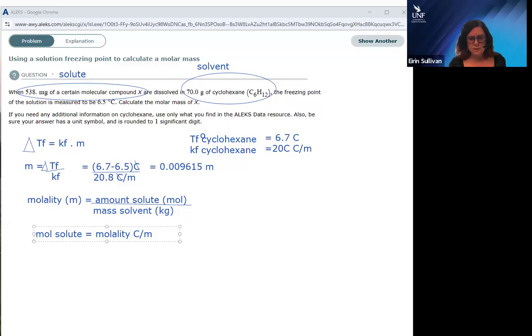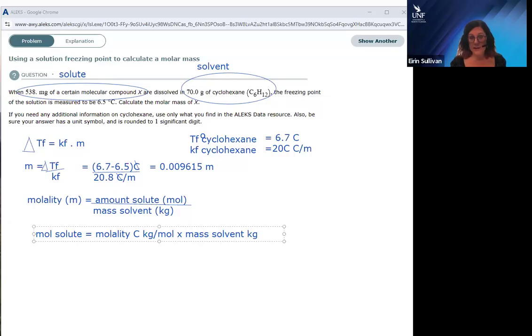And remember, molality is moles per kilogram, so it's going to be over moles times kilogram. So you just put kilogram on top there. And then molality times the mass of solvent, so mass of solvent in kgs.